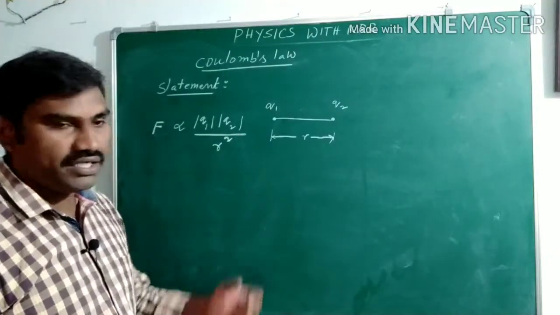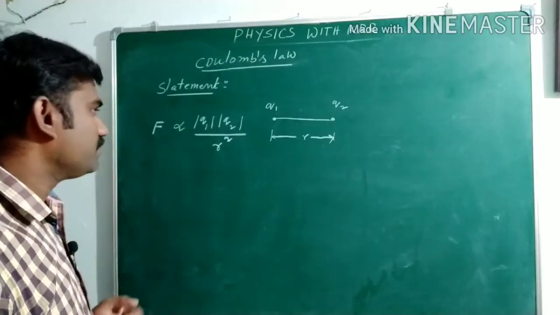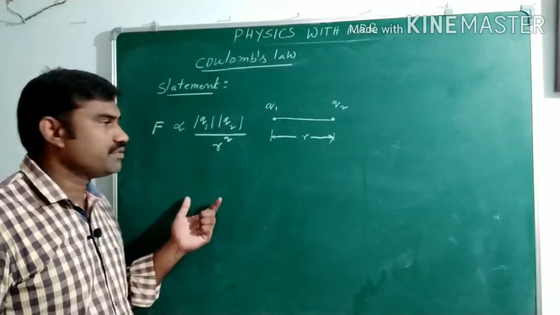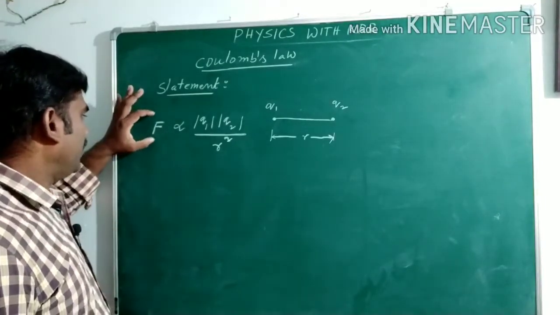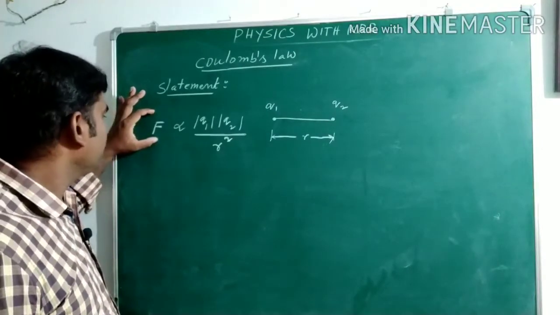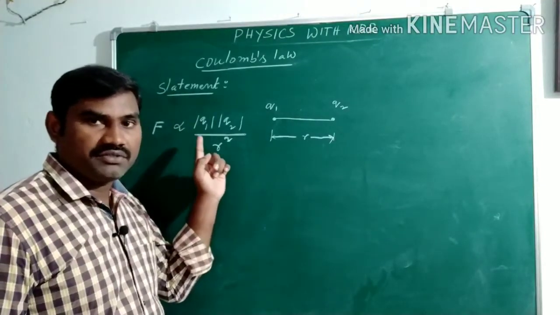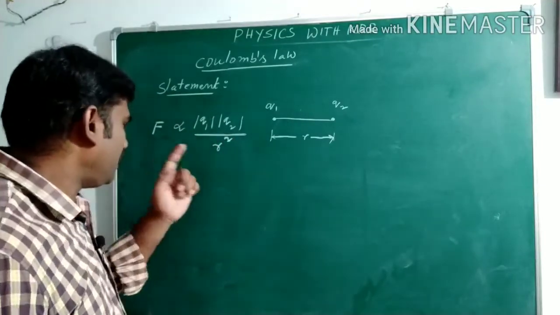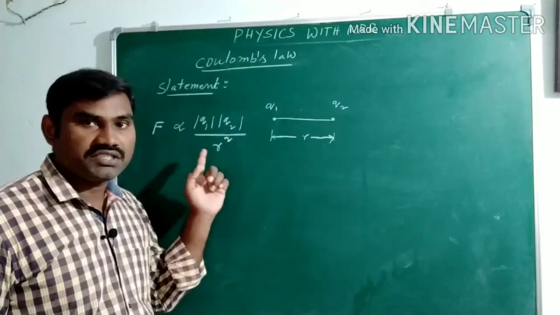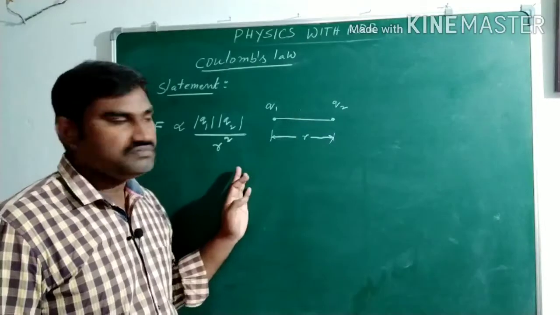So here the point while solving the numerical, you need to concentrate on this point. What is that? Electrostatic force. It may be the attractive or repulsive force. So which is directly proportional to product of magnitude of their charges and inversely proportional to distance between the charges if they are point charges.